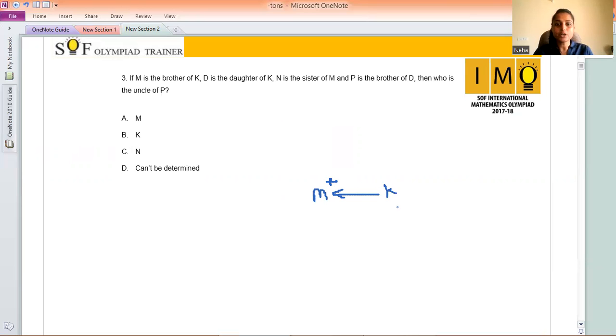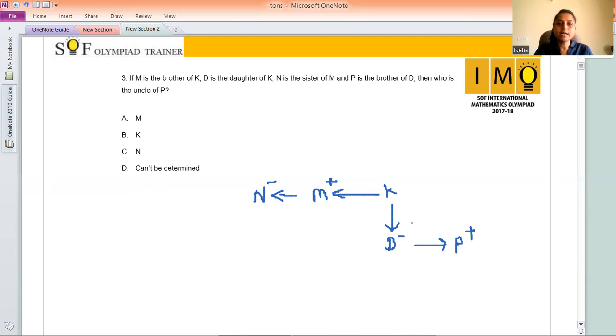D is the daughter of K. N is the sister of M. Okay, so N is the sister of M, right guys? Next, P is the brother of D. Okay, that means they are brother and sister.